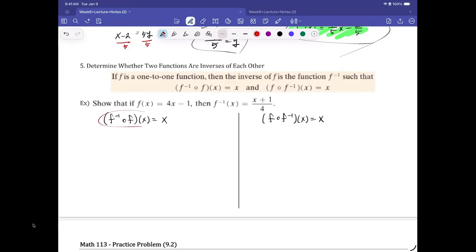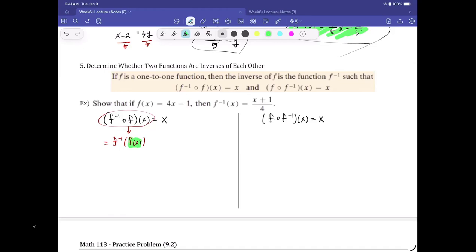So this part is the f inverse of f of x. Last Thursday, we learned about that. And now we have to focus on the f of x, right? Do you remember that? This one.